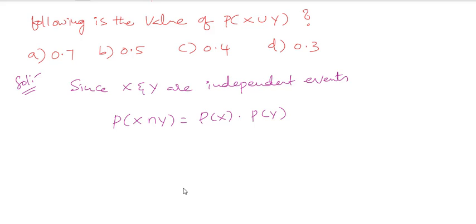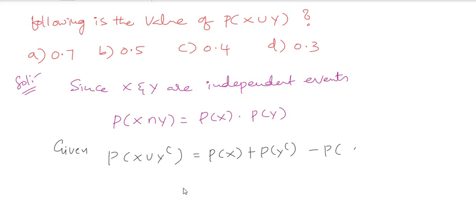So what have they given? They have given the probability of X union Y complement. If I expand this, it is the probability of X plus the probability of Y complement minus the probability of X intersection Y complement.